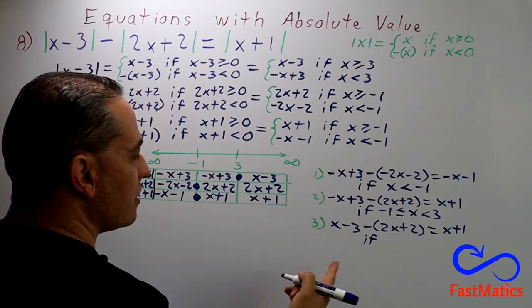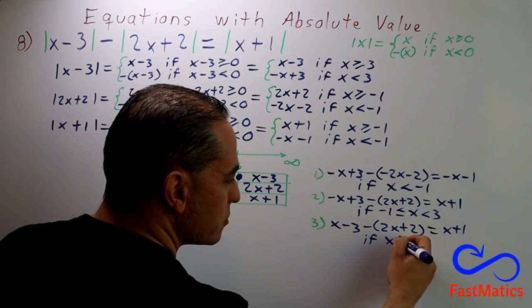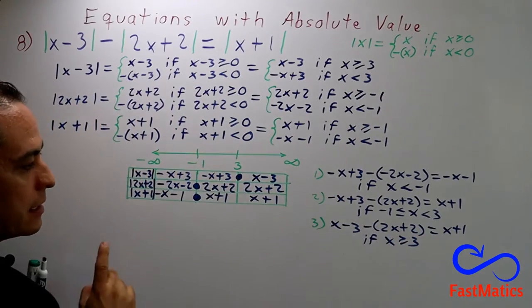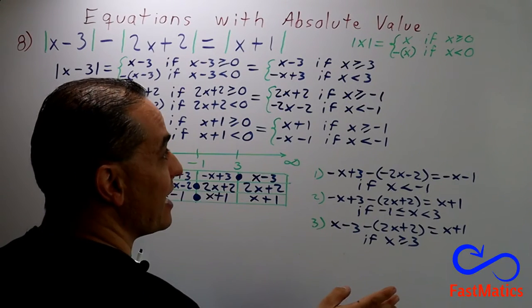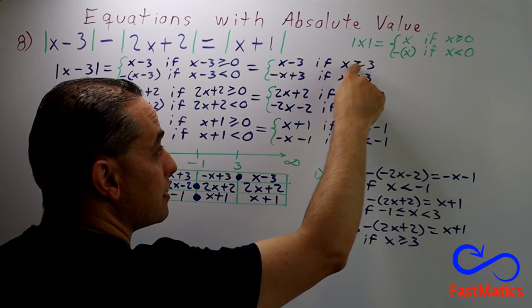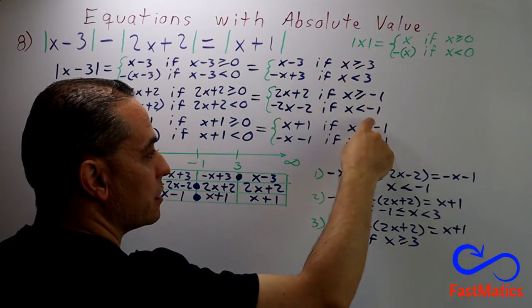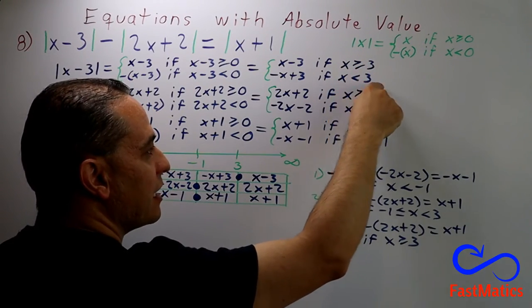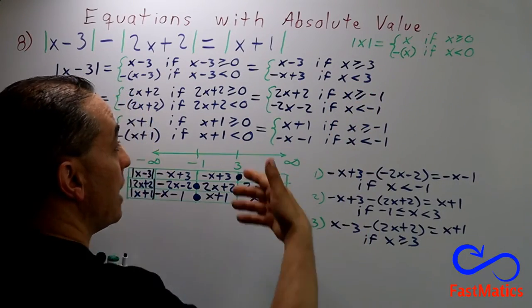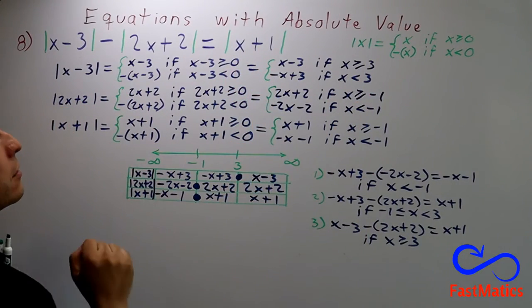If we have values greater than or equal to 3, you will see that for greater than, I have the equal to here, here, here. And for less than, I have only less than.